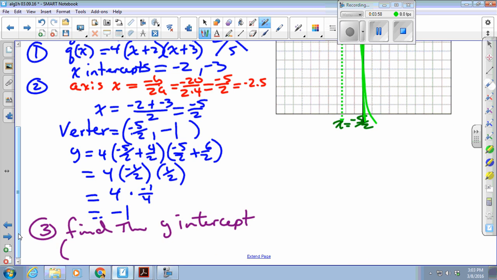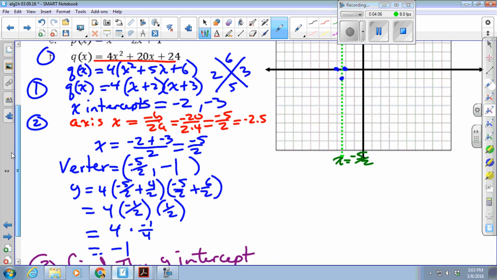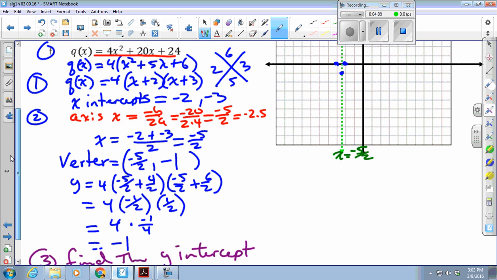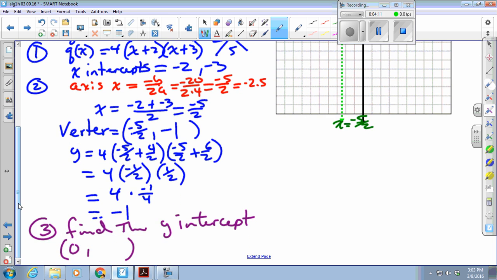So as I plug that in, it's going to be 0. So therefore, easiest to go back to standard form. Standard form says 4x squared plus 20x plus 24. So y equals, when I plug in 0 for x, I'm going to get 0 plus 24. Therefore, this has to be 24.